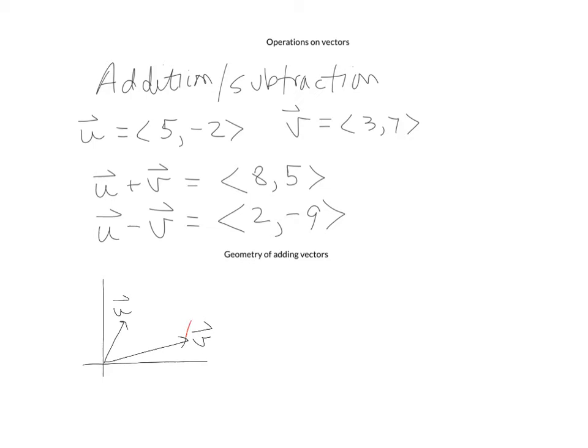In other words, I'm going to draw u like that. So u has the same magnitude and the same direction. And then all I'm going to do is connect them. And I connect them as so. And that resultant vector is u plus v. It's kind of cool.